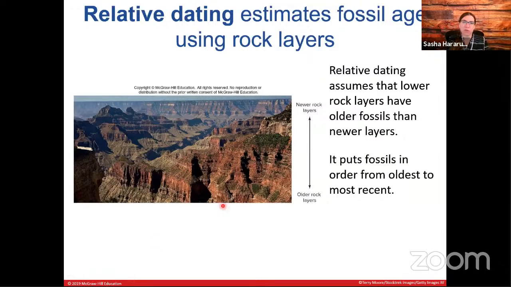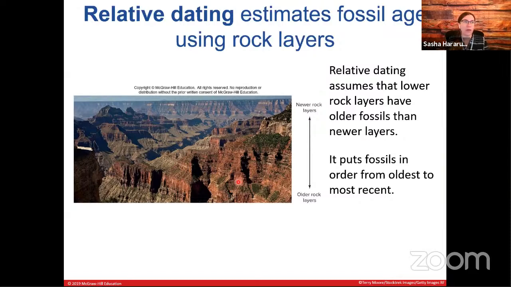So if you start digging a hole in the ground, the layers that are closer to the surface would be more recent layers, and the deeper you go, the older the soil layers or the rock layers will be.